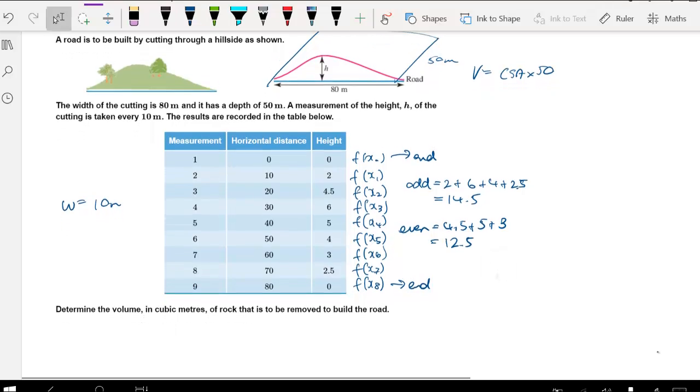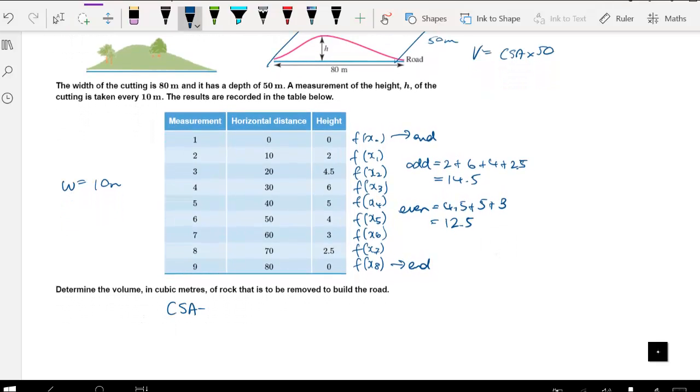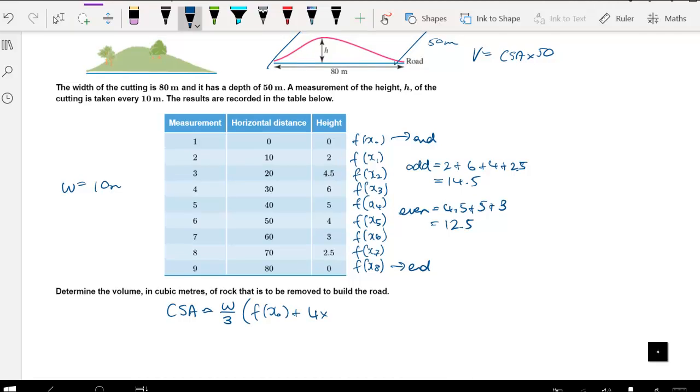And we can put that all in to approximate the cross-sectional area being width on 3, and we'll say that it's f of x0 plus 4 times the odd values plus 2 times the even values plus the end value, so f of x8 in this case.